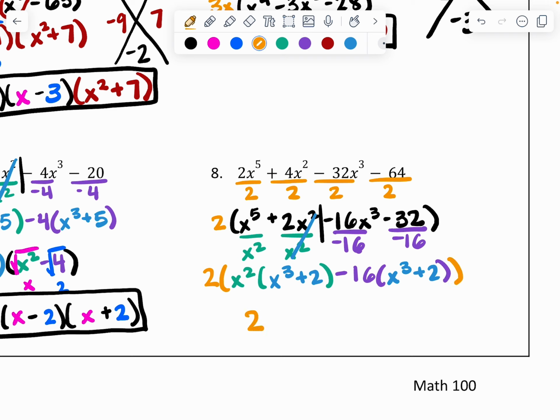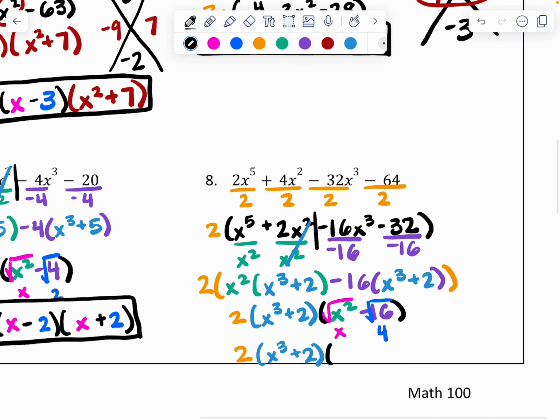So now I have 2 times x to the power of 3 plus 2 times x squared minus 16. And x squared minus 16 is a difference of squares. So take the square root. So I have 2 times x cubed plus 2 times x minus 4 times x plus 4.